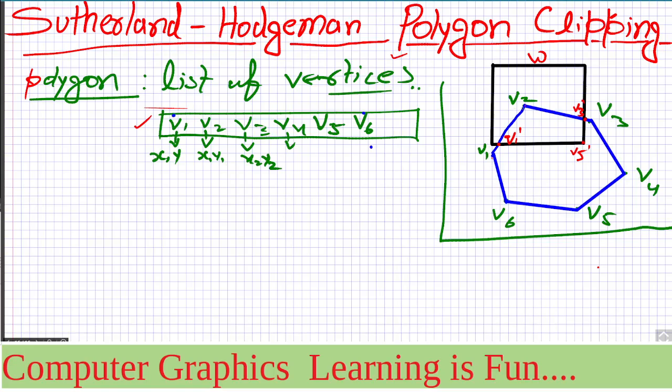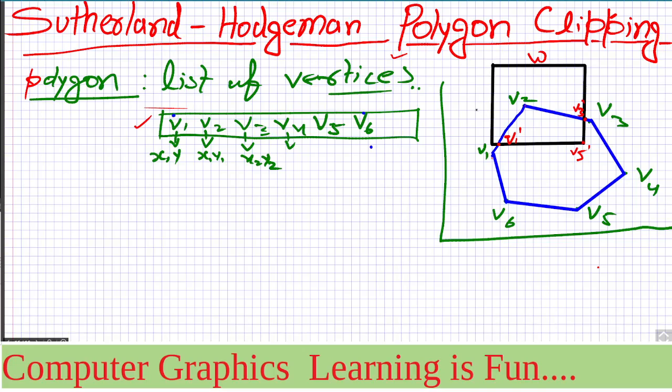So on the boundary there are multiple lines: a line from v1 to v2, a line from v2 to v3, v3 to v4, and so on. Having understood this, we will try to understand how we can utilize the information of line clipping and use it here to perform the total polygon clipping.